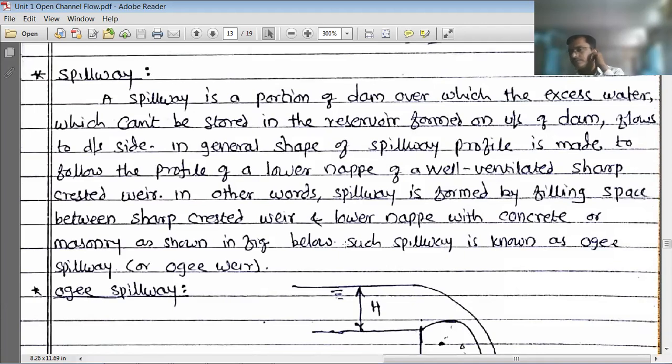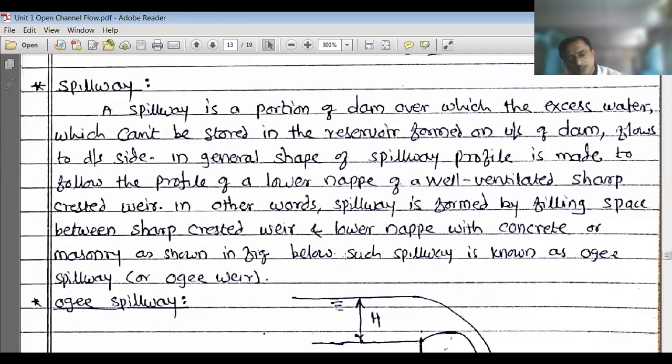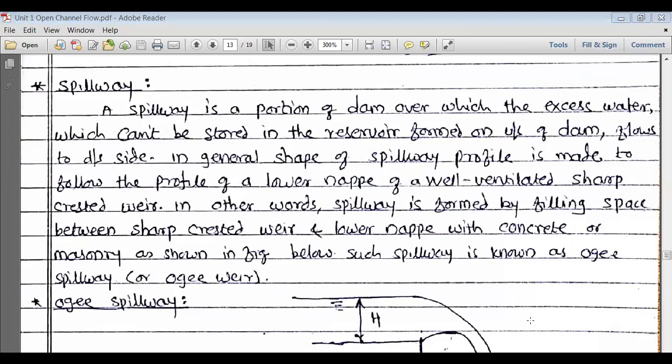Spillway is a portion of a dam over which excess water, which cannot be stored in the reservoir formed on upstream of dam, flows to the downstream side.